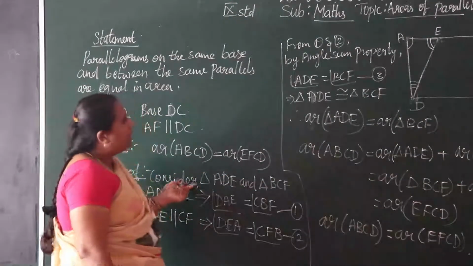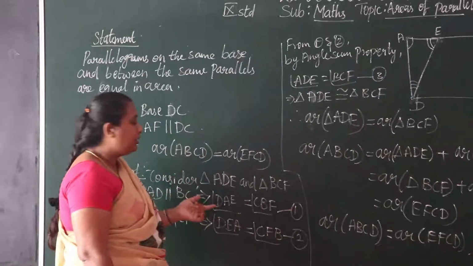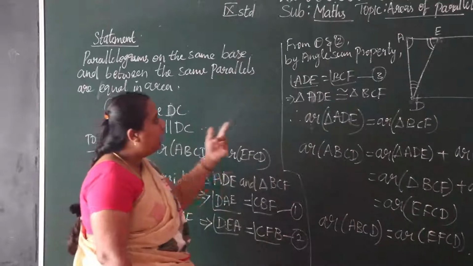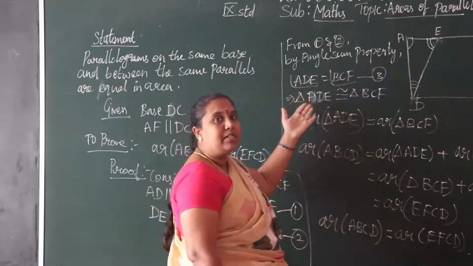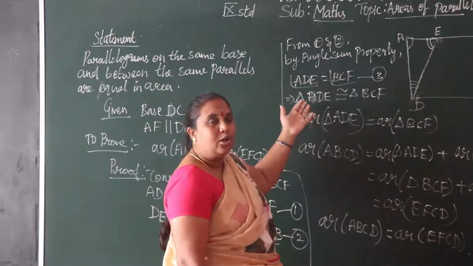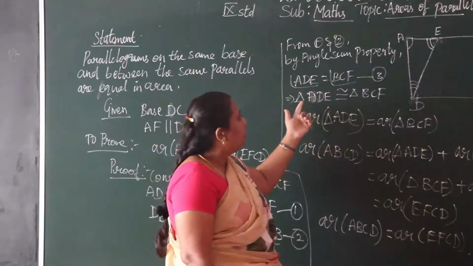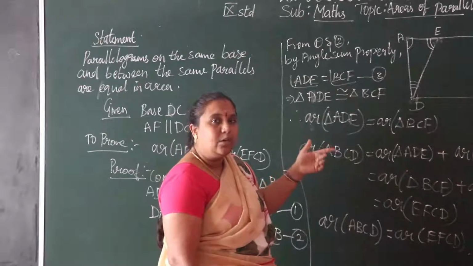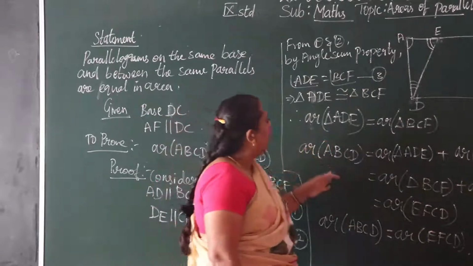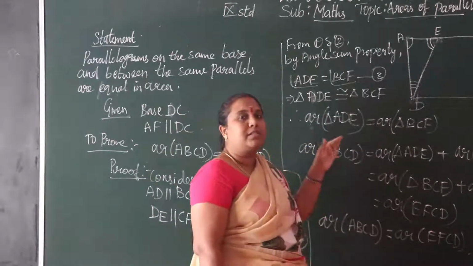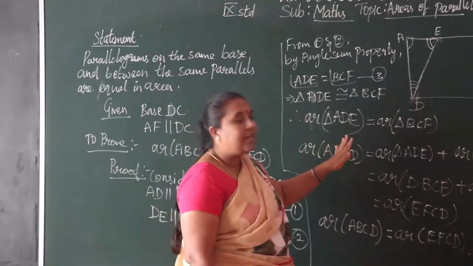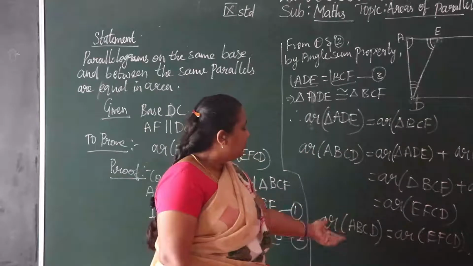We consider the two triangles ADE and BCF, whose three angles are equal, so the two triangles are congruent, and the areas of congruent triangles are equal. From that we prove that the two parallelograms on the same base and between the same parallels have equal areas.